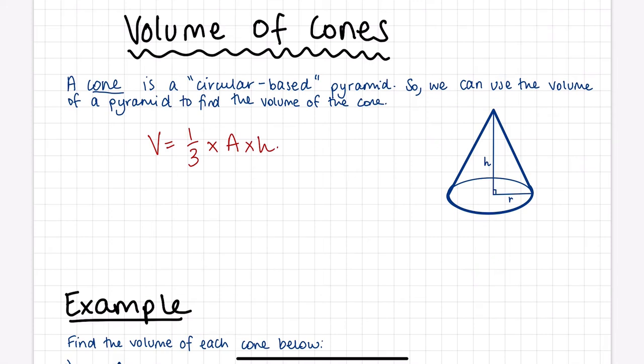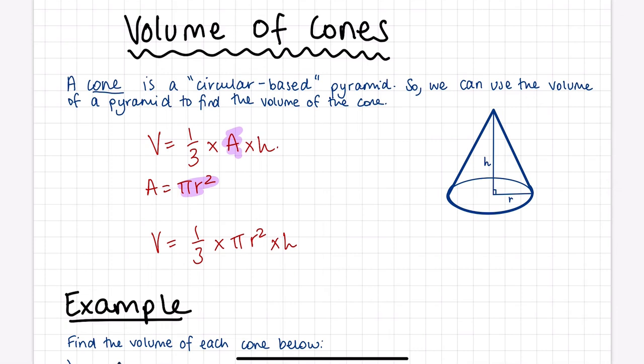Okay, but the base in this case is a circle, which we use the area of the circle formula, pi r squared. Now that we know that the area of the base is pi r squared, we can substitute this into here and create a new formula that says volume equals a third times pi r squared times h.